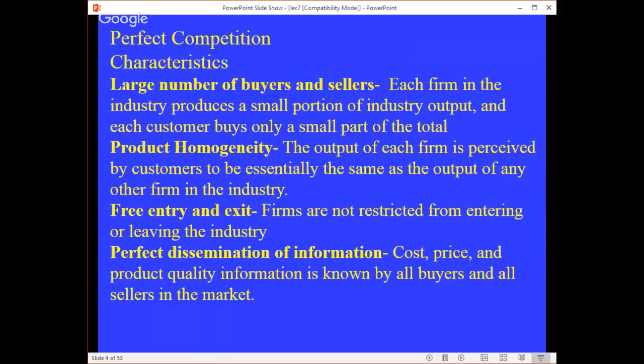The output of each firm is perceived by customers to be essentially the same as output of any other firm in the industry. Free entry and exit. It's relatively easy and inexpensive to get in and out of this industry. Firms are not restricted from entering or leaving the industry. And finally, perfect dissemination of information. Cost, price, and product quality information is known by everybody, every buyer and seller in the market.